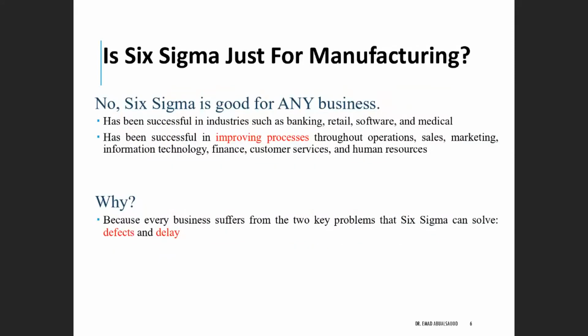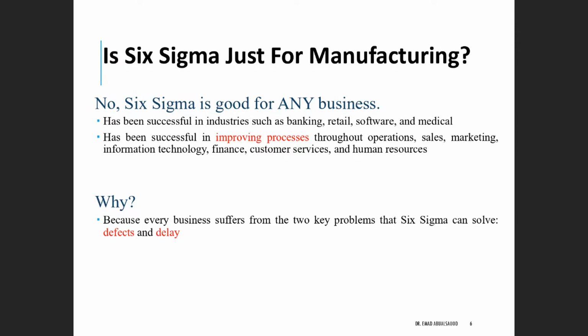And now maybe the question comes, is Six Sigma only for manufacturing? هي فقط للتصنيع والمصانع? And to make it simple, I answer with the same answer. Is industrial engineering only for manufacturing? No. The same goes for Six Sigma.